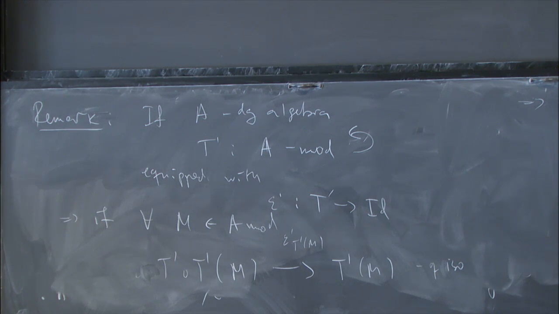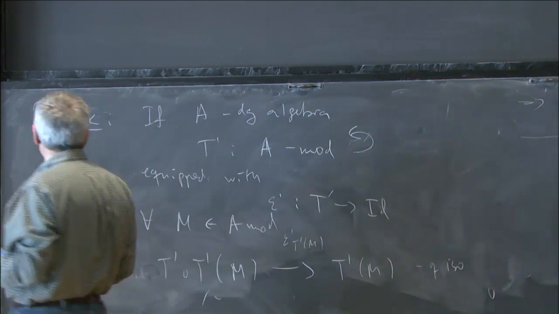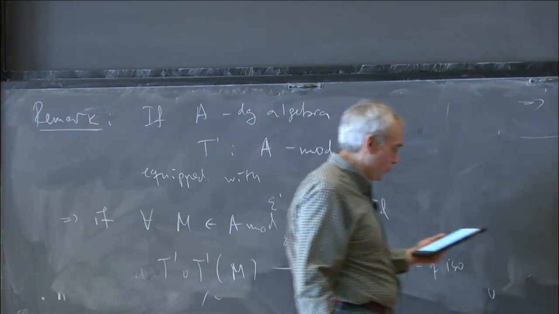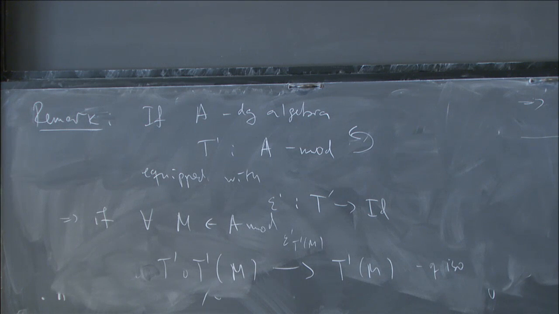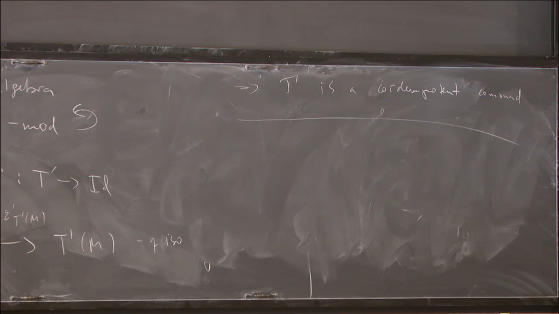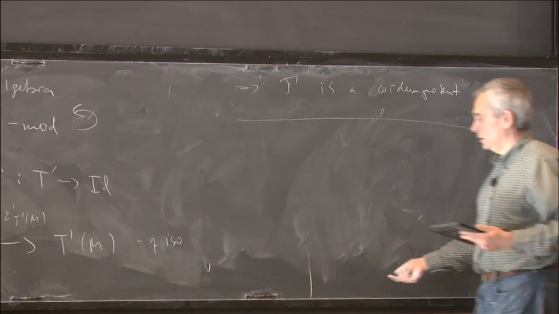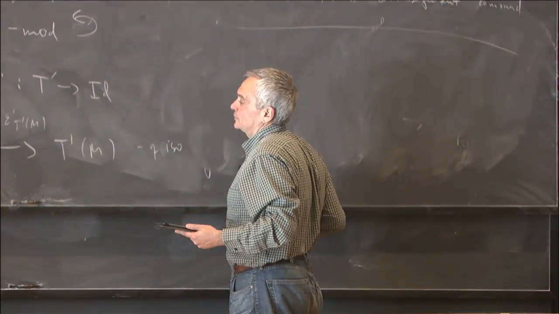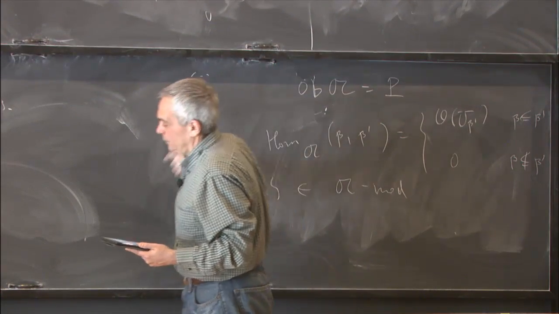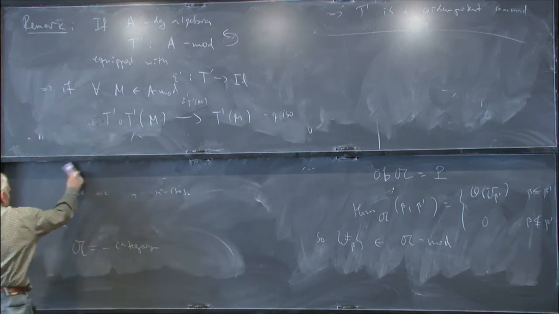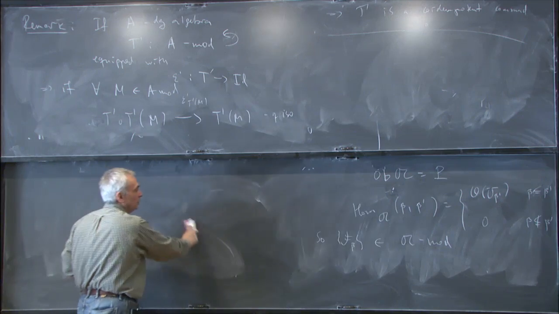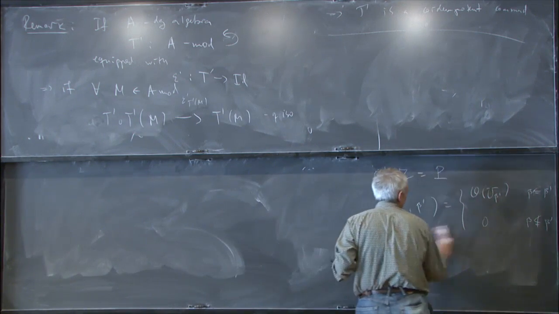So what you really need to do is construct a functor from A modules to A modules that has this property, together with a co-unit that has this property. Okay. I don't think I'll be able to write down the solution in general, because there is quite a bit of combinatorics involved.